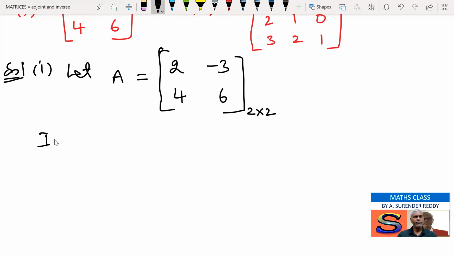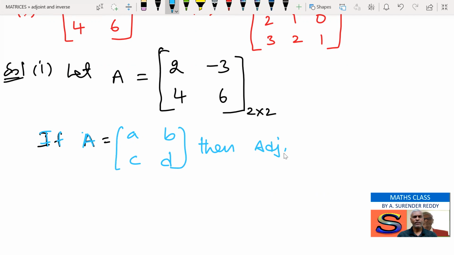So if A is ABCD matrix, then adjoint is equal to, just interchanging the diagonal and changing the sign of the other diagonal.